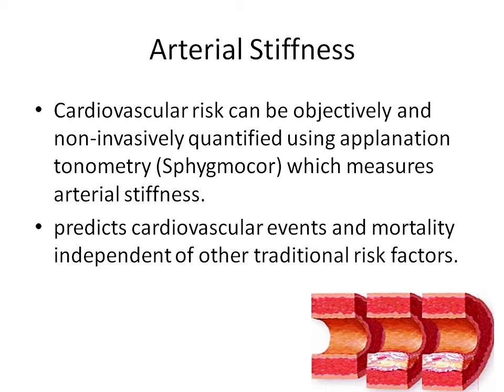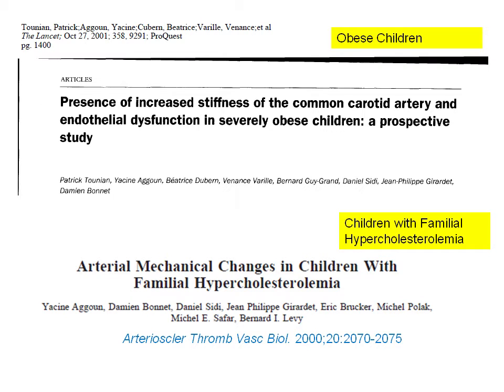Arterial stiffness has been shown in adults to predict cardiovascular events and mortality independent of other traditional risk factors. This has been shown in adults, but also in children, particularly those at high risk, including obese children and children with familial hypercholesterolemia.